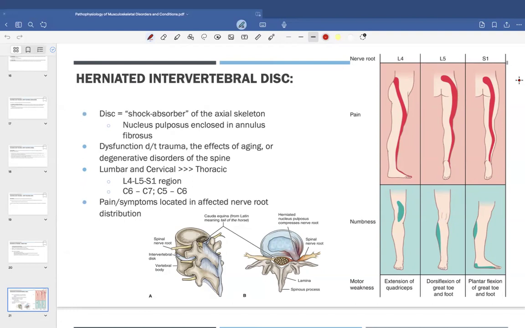Your lumbar and cervical spine are much more prone to disc herniations than your thoracic spine. Why?